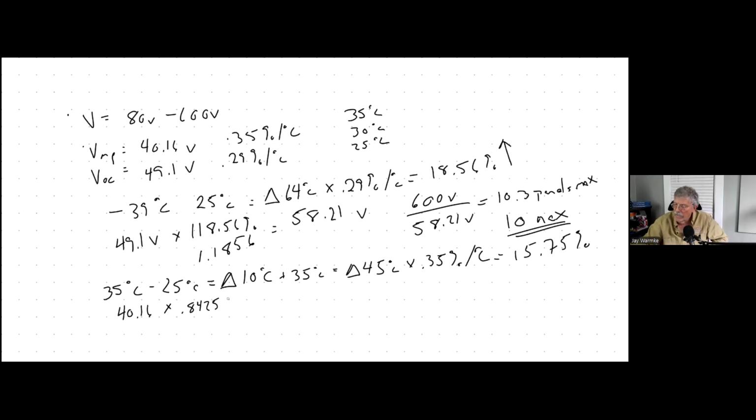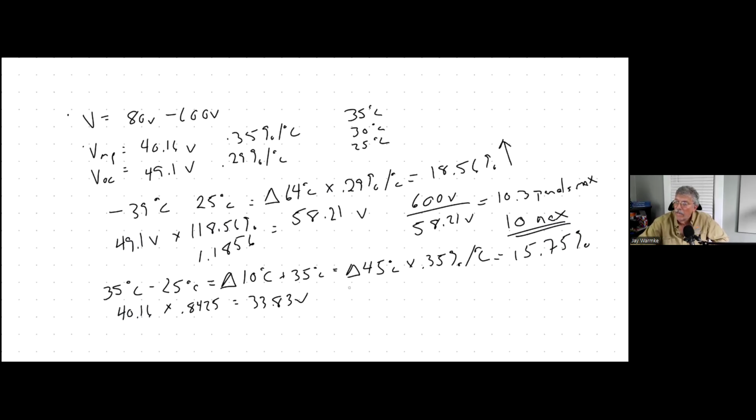I multiply 40.16 times 0.8425, 33.83. 33.83 volts on the hottest day. Well, how many panels do we need in a string to make sure it's generating at least 80 volts?